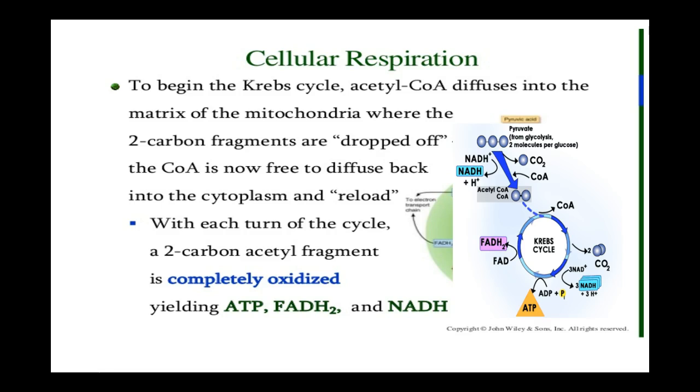Each cycle, each turn, that's why they call it a cycle, the 2-carbon acetyl fragment becomes completely oxidized. So going toward the right of the original equation that we looked at, high oxidation, yielding ATP, FAD, and NAD, FADH2, 2 hydrogens, ions, and NADH.